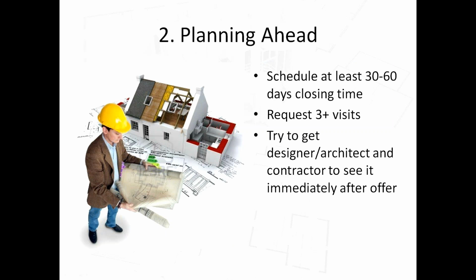Okay, so let's talk about what you need to do in terms of planning ahead and making sure you minimize the lag time of getting your permit approved and then getting your construction going.